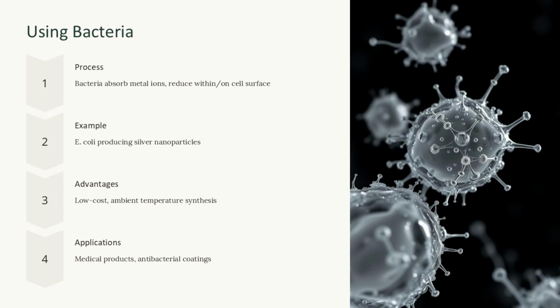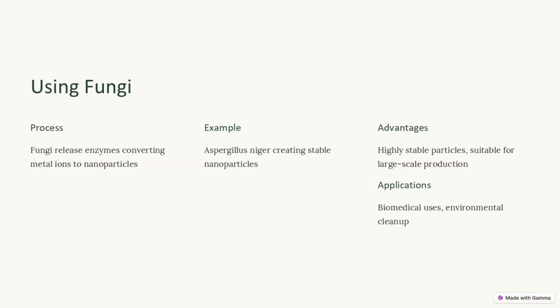Now let's move on to the role of fungi. Fungi, like mushrooms and molds, can also create nanoparticles. Fungi are especially good at this because they produce large amounts of enzymes and proteins, which help in reducing metal ions to form nanoparticles.